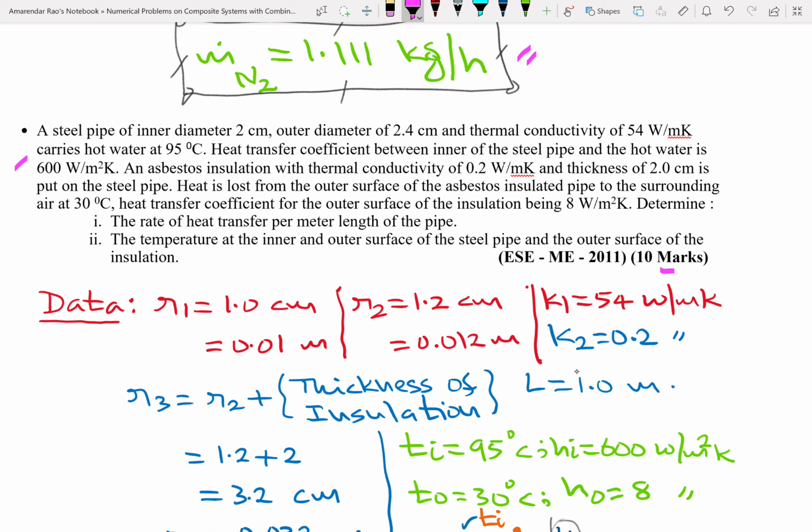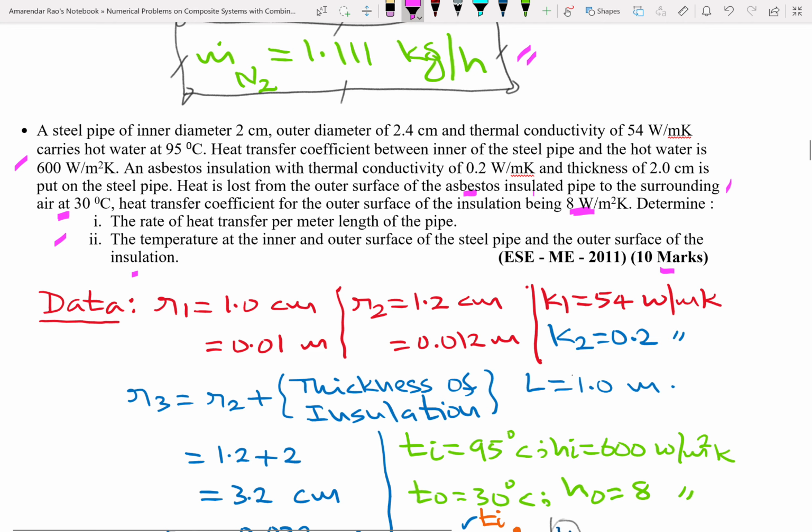Then an asbestos insulation with thermal conductivity of 0.2 and thickness of 2 centimeters is put on the steel pipe. Heat is lost from the outer surface of the asbestos insulated pipe to the surroundings, which is at 30 degrees centigrade, and a convective heat transfer coefficient of 8. Then determine the rate of heat transfer per meter length of the pipe, then the temperature of the inner and outer surface of the steel pipe, and the outer surface of the asbestos insulation.